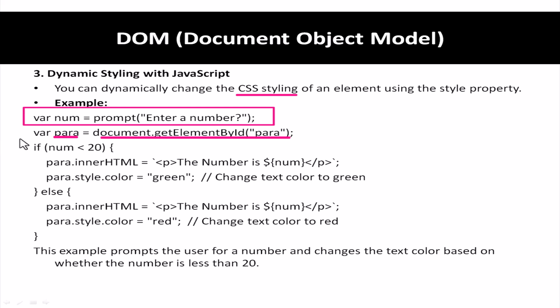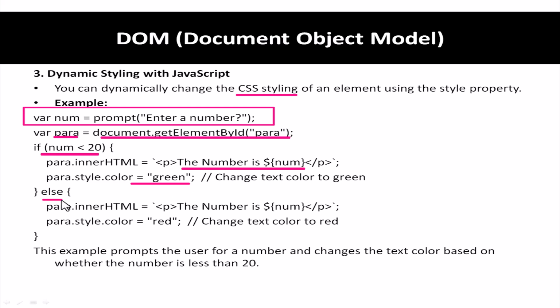Here we are going to check the condition: if number is less than 20, then it has to show the number, the number is number, and the color should be green. If the number is less than 20, it should be shown in green color.